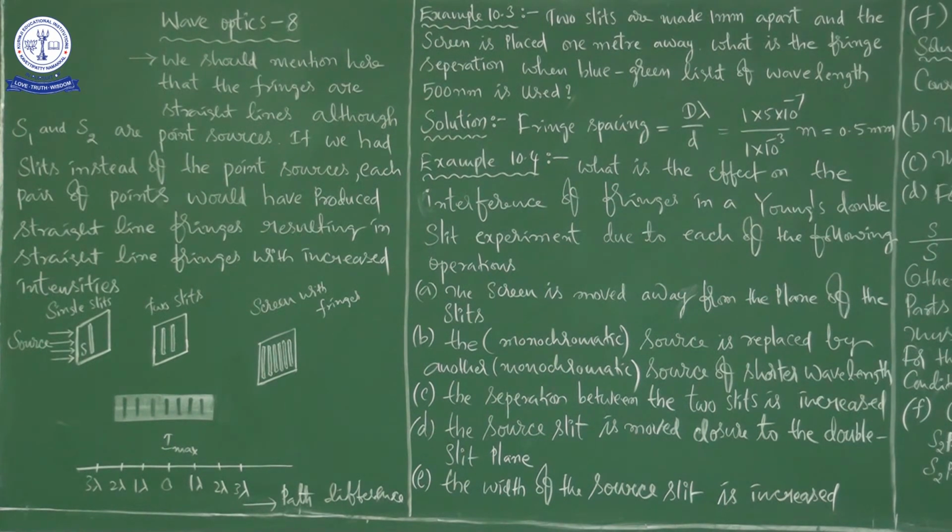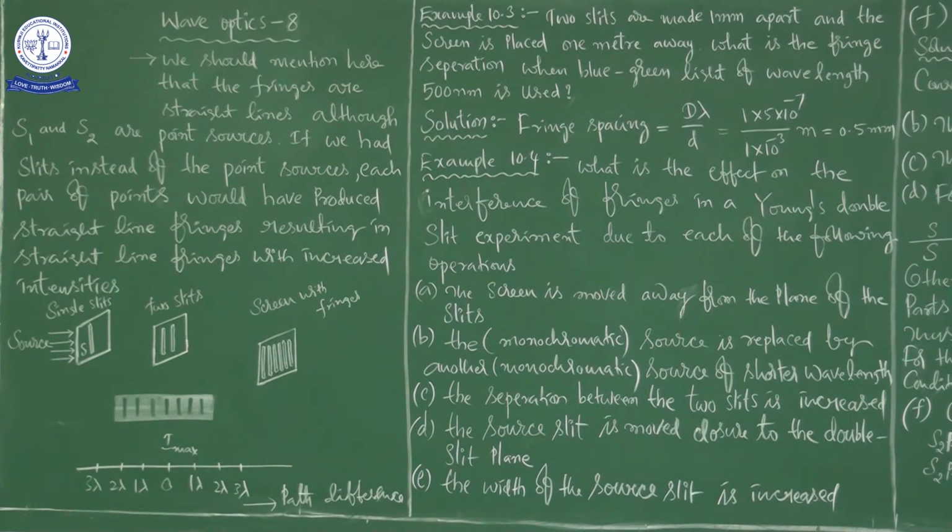In our Young's double slit setup, between the single slit and the screen on which the interference pattern forms, the double slit is there. So the screen is moved away from the plane of the slits. Then what happens to the interference pattern?